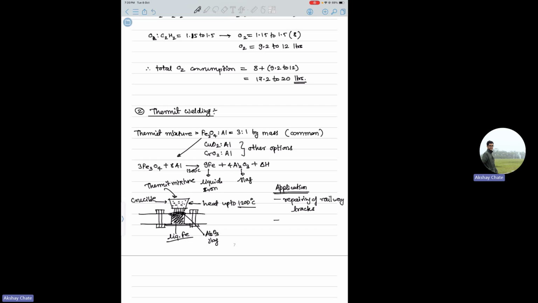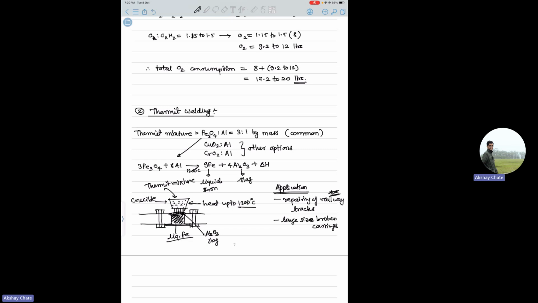Wherever you cannot move the workpiece from its original position, you have to do this. Another application could be large size open castings. These are secondary applications, but the primary one is railway tracks.